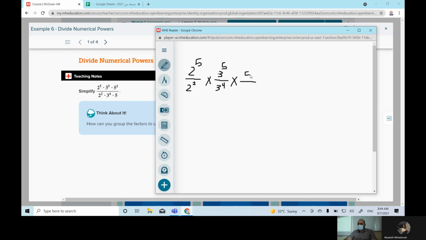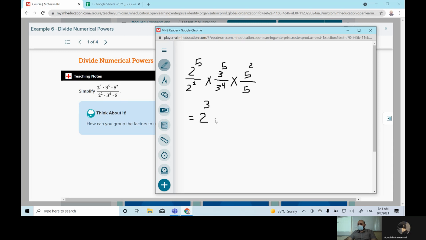So write here 5 exponent 2, and here 5 means 5 exponent 1. Then we can use the rule now because we have the same base. The rule said subtract the exponents. 5 minus 2 will be 3.